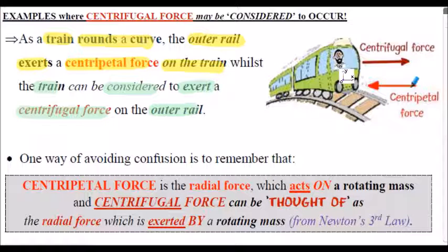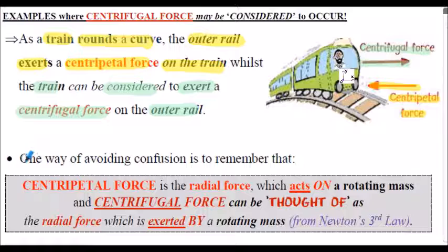Again, in the diagram, here's the centripetal force, which is applied by the rail on the train, and here's a centrifugal force that can be considered to be applied by the train on the rail. And again, we have body fixed axes on the train.